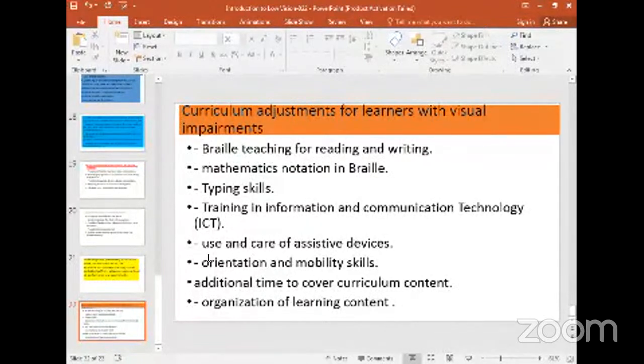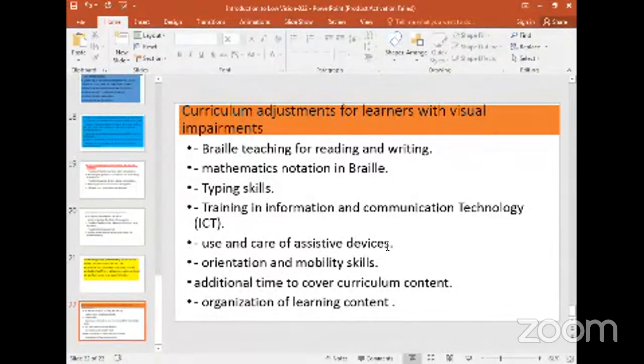You can also train and teach them on the use and care of assistive devices. Remember, in the curriculum adjustments, once a person has a disability, they are trained on how to use an assistive device, and they are likely also to get some provisions, depending on the nature of the disability, the family the person comes from, and the environment.